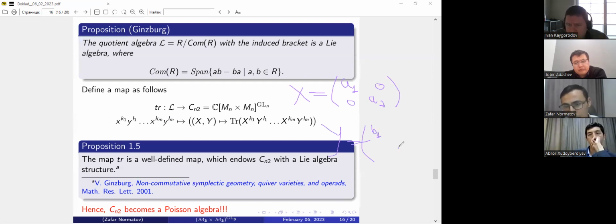And here by big X, it will be a set of matrices where A1 is an arbitrary element and A2 is an arbitrary element. This one, the generic matrix.